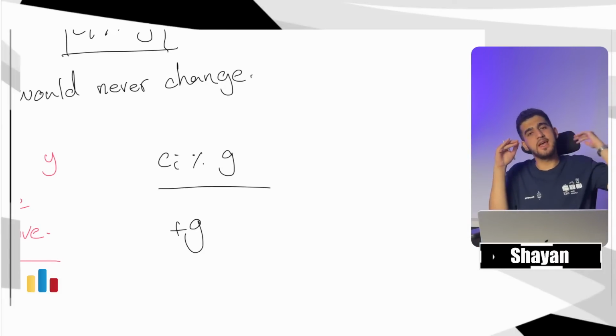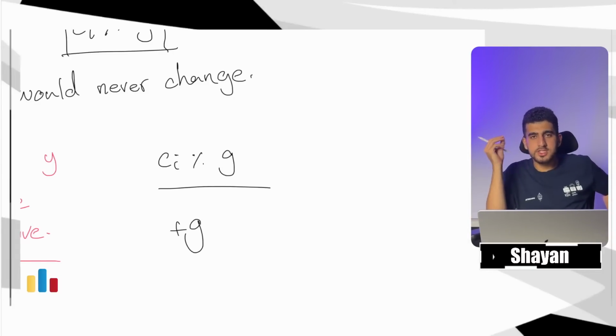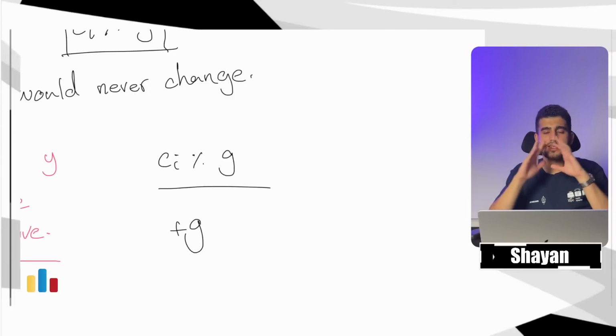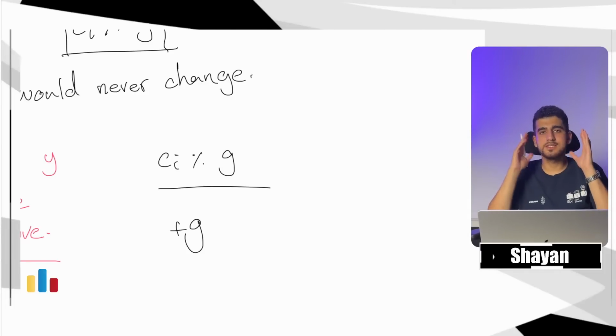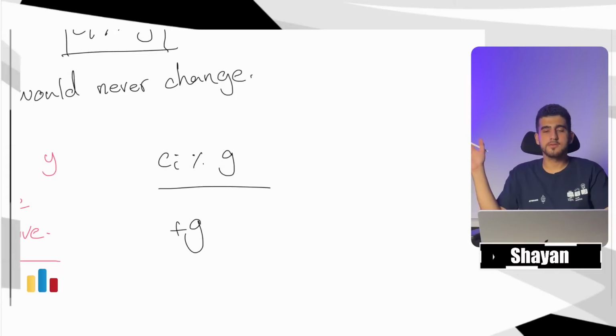So it can be any number whose modulo G is this. The only thing that should remain the same is CI modulo G, CI modulo the GCD of A and B. The rest of the things doesn't matter.